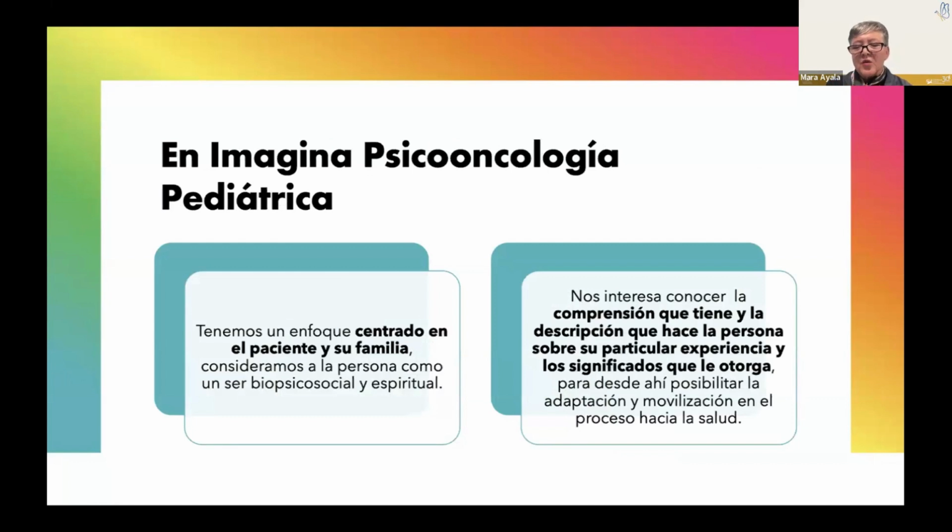Como les digo, es un estado muy pequeño, pero eso nos ha permitido en Imagina acceder a la descripción de los significados que tiene el paciente y la familia respecto a la enfermedad. Nuestro enfoque está centrado en el paciente y su familia, y consideramos a la persona como un ser biopsicosocial y espiritual, entendiendo por espiritual esta parte del sentido de vida.